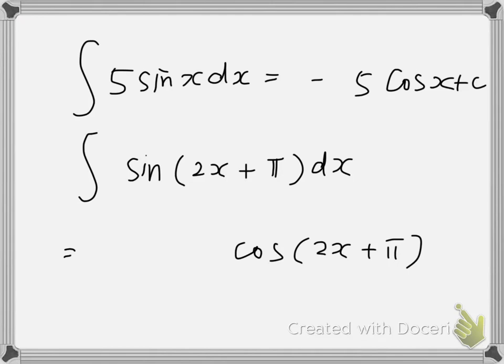And everything must follow whatever is in the bracket, right? Because it is 2x, it's a negative, so it's a half. You integrate the sine, you get negative cosine, right? And then you get a half, and then plus c, and we're done. Pi is a constant.